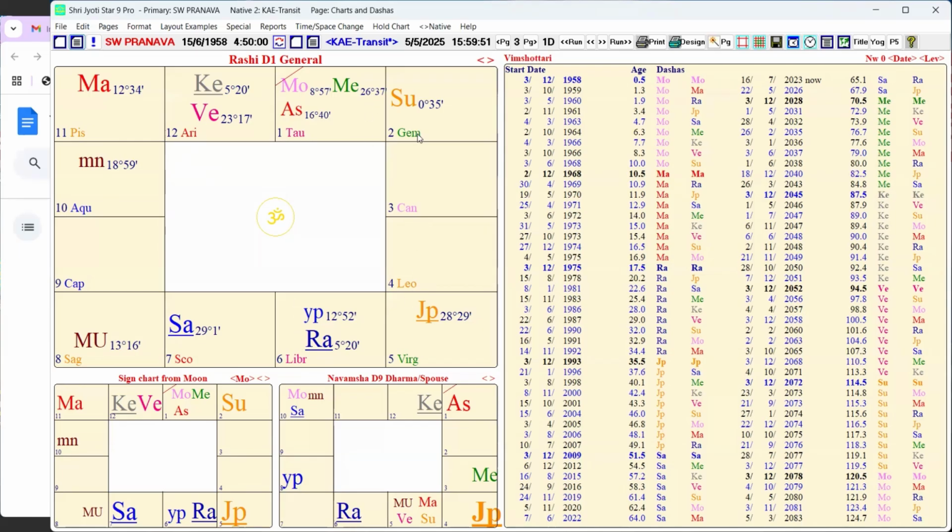Mercury rules Gemini and Virgo. The Moon rules Cancer. The Sun rules Leo. Jupiter rules Sagittarius and Pisces, and Saturn rules Capricorn and Aquarius. Okay, so those are the signs and the planets that rule the signs.